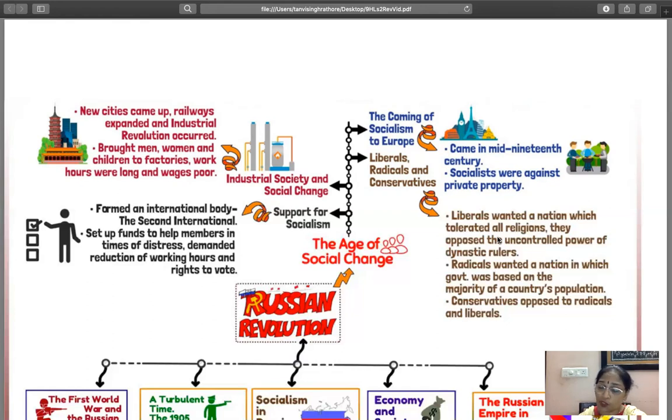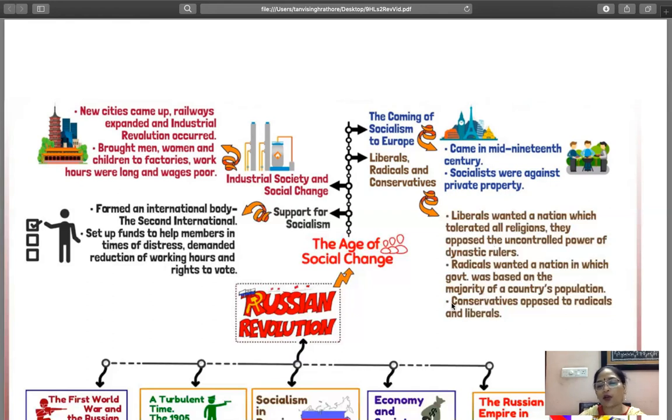They wanted women also to get voting rights. So a few things were common between them, like elected representatives should rule the country, but liberals wanted only property-owning men to have voting rights.